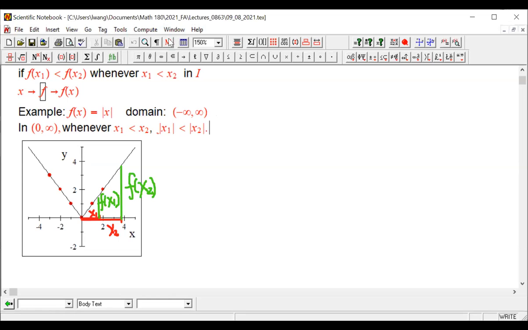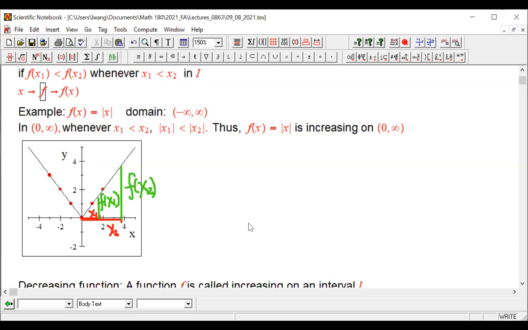Then we say this function is increasing on that interval. So that's the language you use. That's how we say it. Now let's look at decreasing. Decreasing would be similar, but decreasing is reversed.